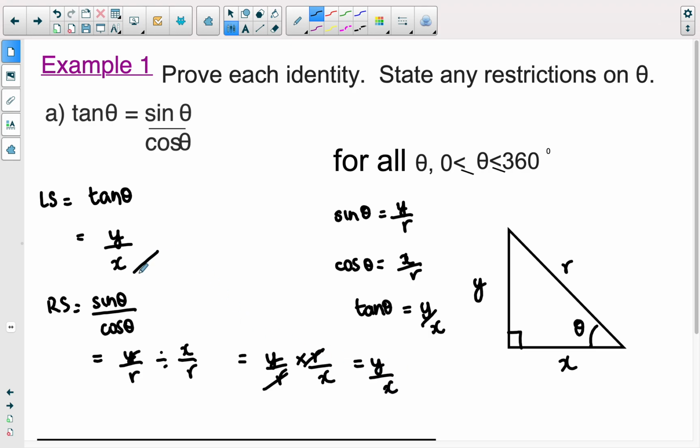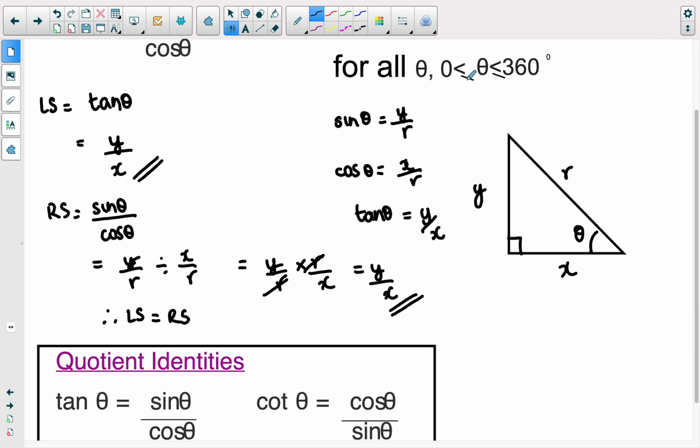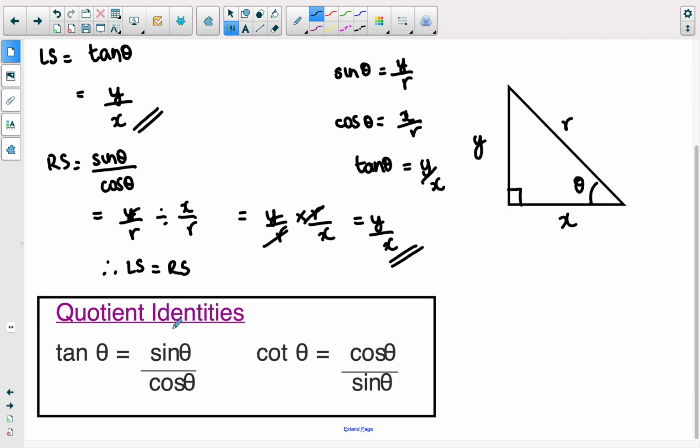So the left side is simplified as y over x. The right side is also simplified to y over x. Therefore our left side is equal to the right side, and we have proven that this holds true for all values of theta between 0 and 360 degrees, including those angles. So tan theta will always be equal to the ratio of sine theta divided by cos theta, and cot theta is the ratio of cos theta over sine theta.